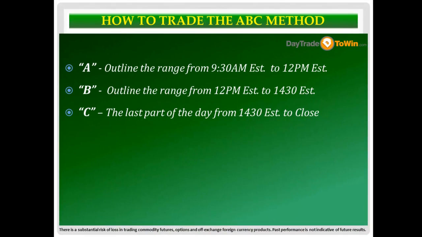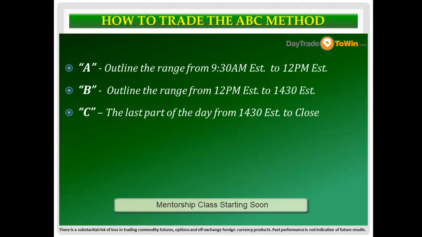Let's talk a little bit about the ABC method. The ABC method is something that I do on a daily basis where I outline the day. I break up the day into 3 sections. Now you may be thinking, is this just for the E-mini S&P? And I say no. This can actually be done on any market, whether it be the euro or any other currency, or soybeans for that matter.